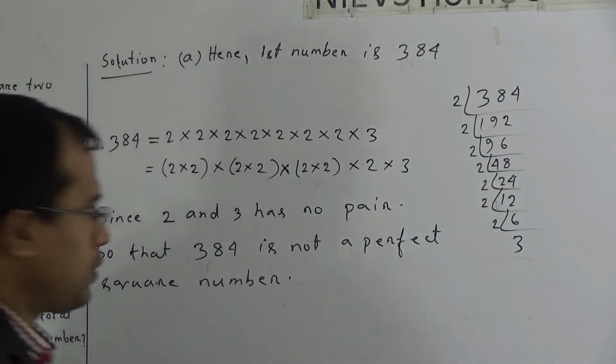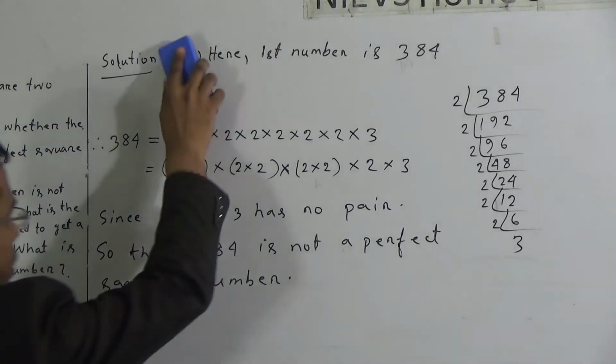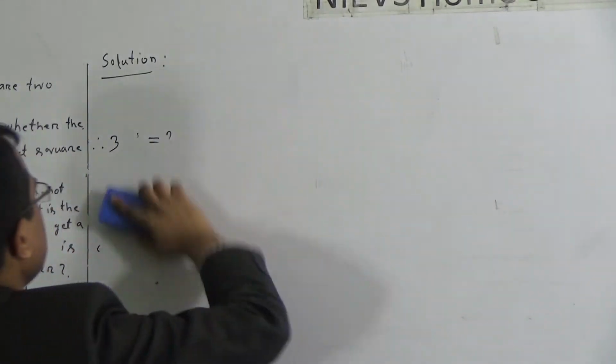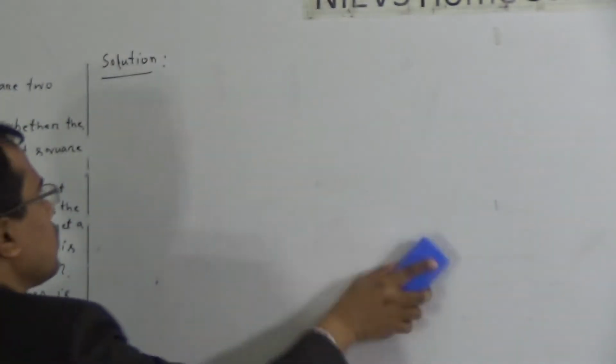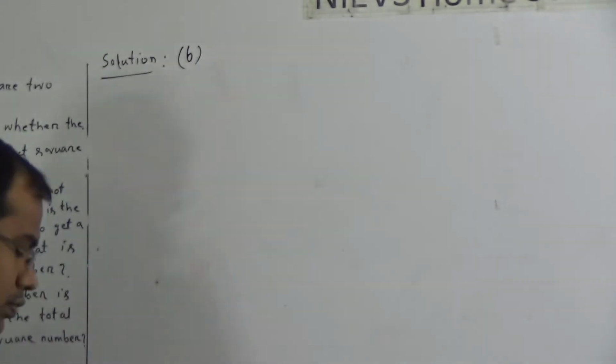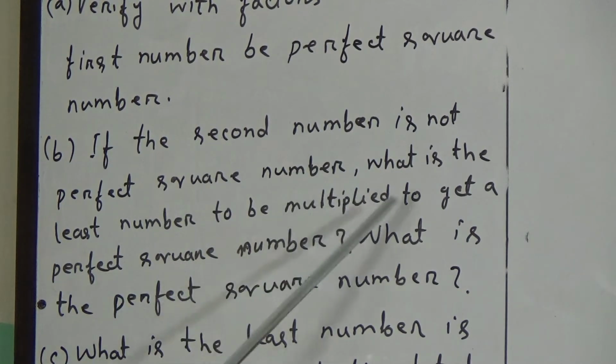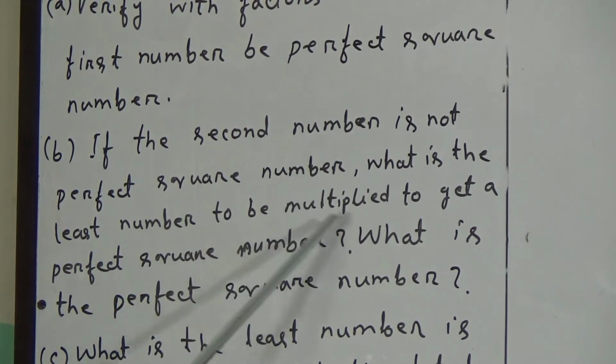Okay, dear students, we have solved A number. Now we'll solve B number. B number question is, if the second number is not a perfect square number, what is the least number to be multiplied to get a perfect square number, and what is the perfect square number?